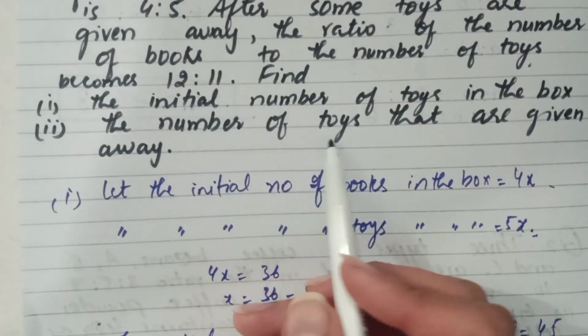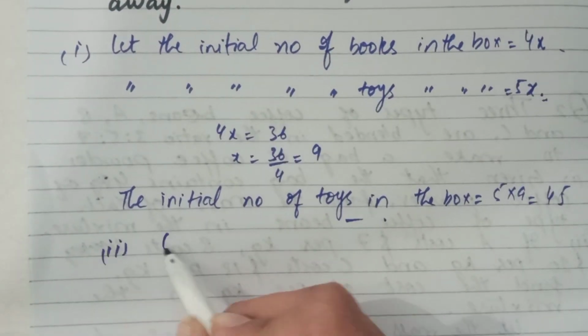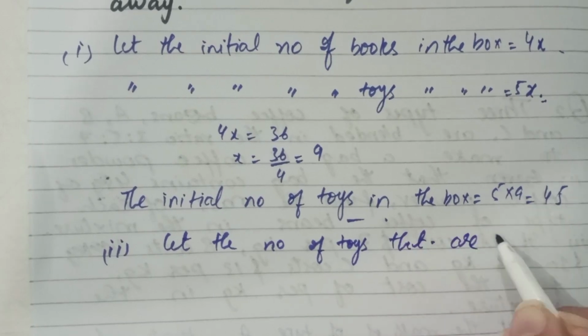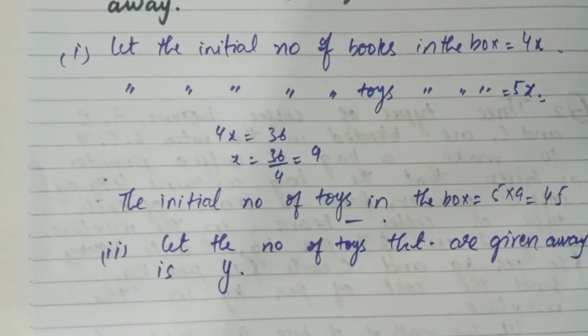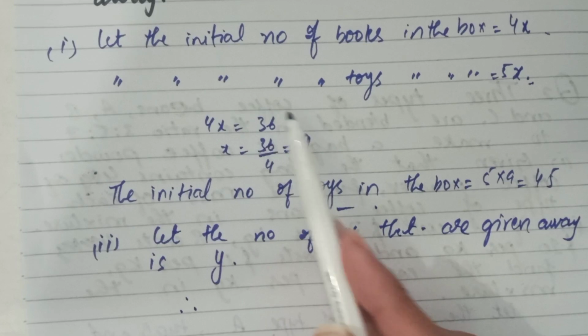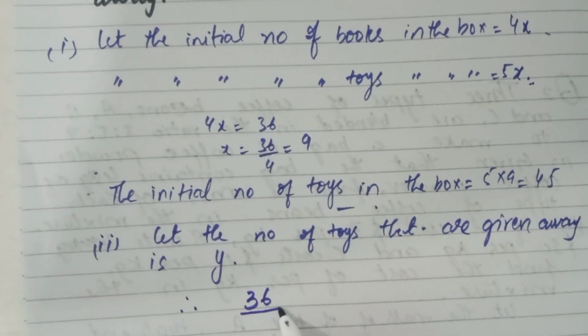In part 2, the number of toys that are given away. Let the number of toys that are given away be y, and therefore we make the ratio: 36, which remains the same, is the number of books, and the toys are 45 minus y.